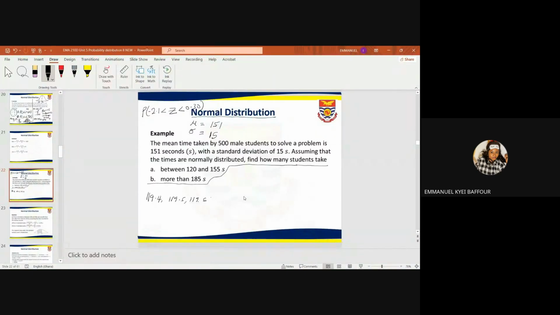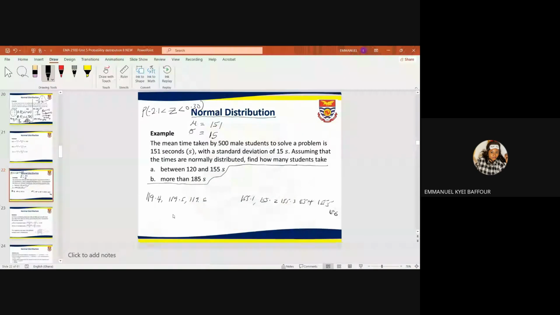Now let's get to this part. We can have 155.1, 155.2, 155.3, 155.4, 155.5, and then let me add the last one, 155.6.